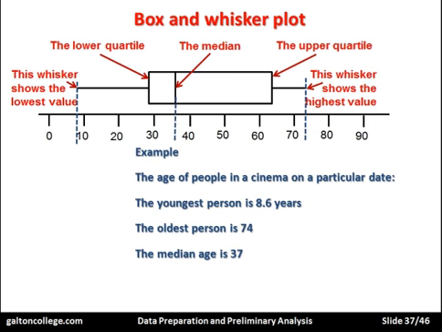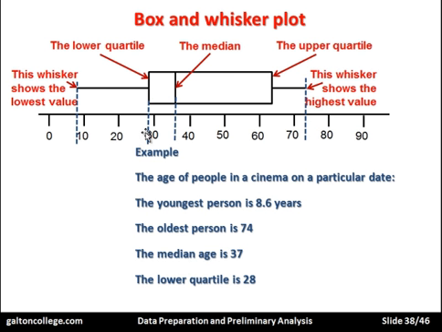The median age, the middle age for the people in the cinema, 50% of them are below 37 years old and 50% of them are above 37 years old. So the median age is indicated here at 37. The lower quartile is 28.